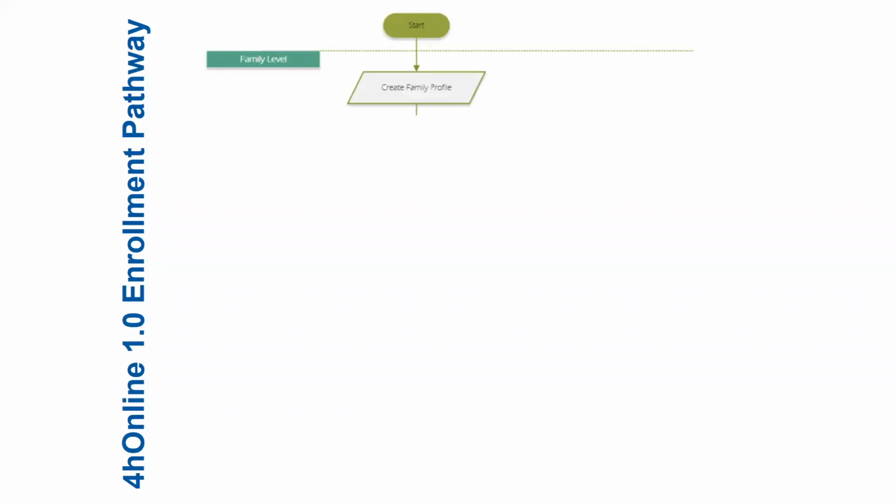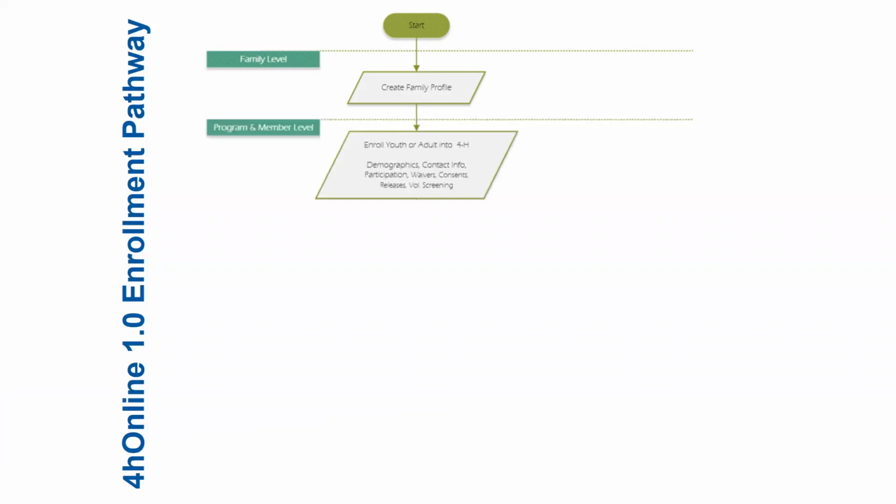Before we review the enrollment pathway for 4-H Online 2.0, let's review what currently happens in 4-H Online 1.0. At the family level, a family profile is created. Then the family adds individuals and enrolls them into the 4-H program as a youth or adult. At this time, all system information is collected.